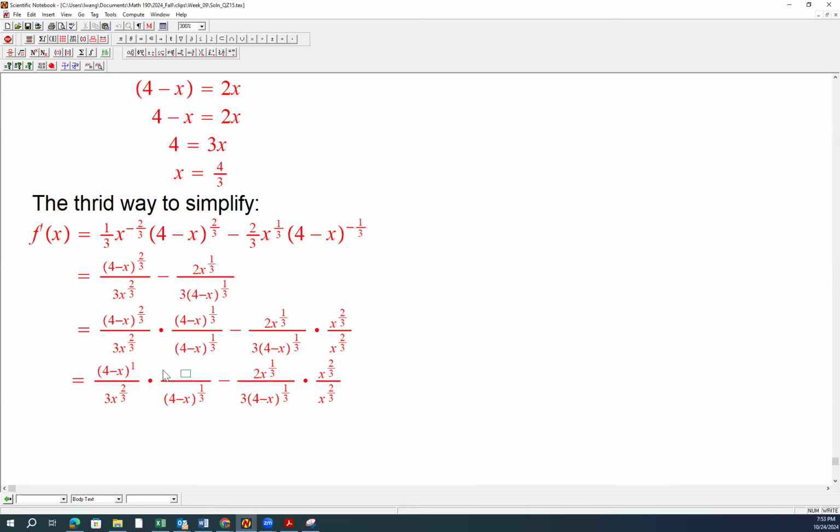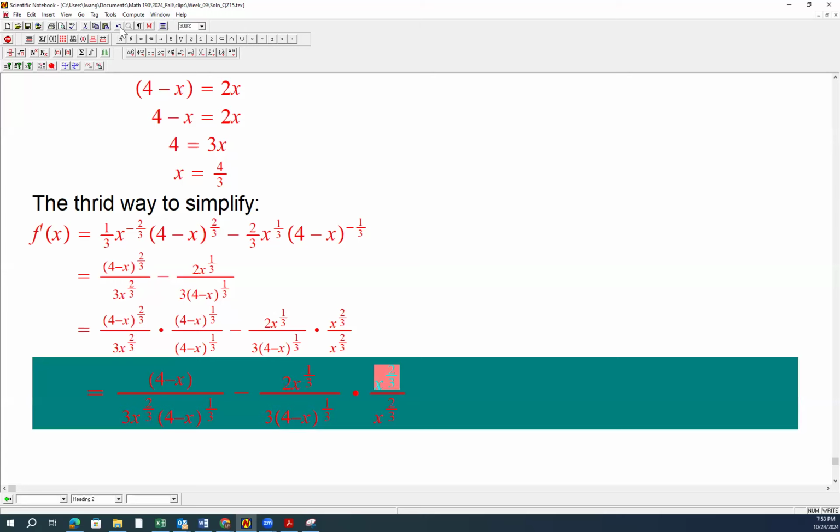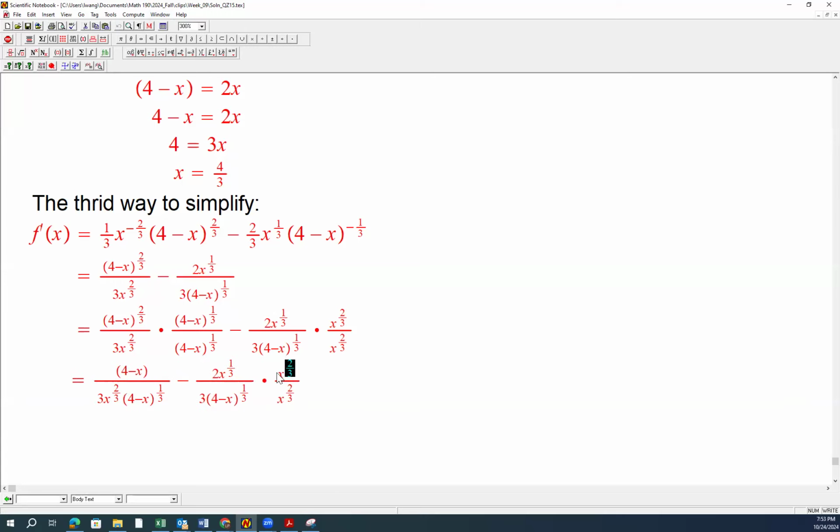Power 1 can be omitted, right? And the same thing for these two, x to the power 1/3, x to the power 2/3. So this is going to make 2 times x.